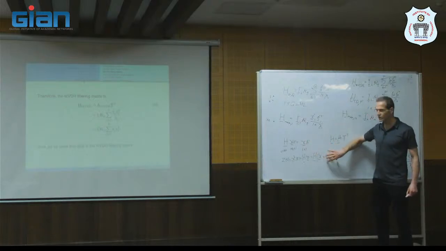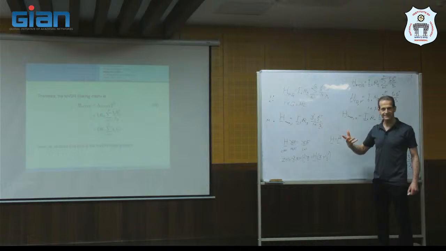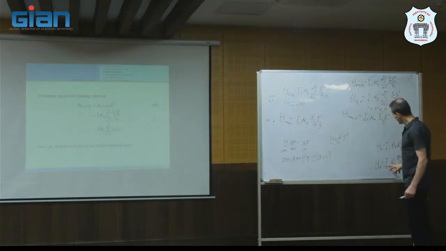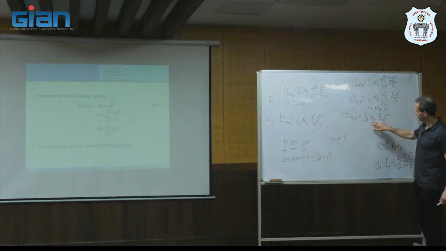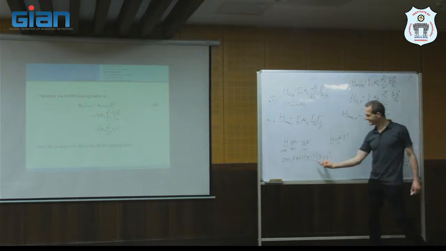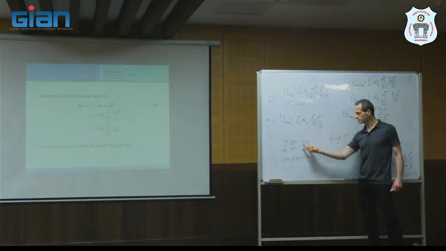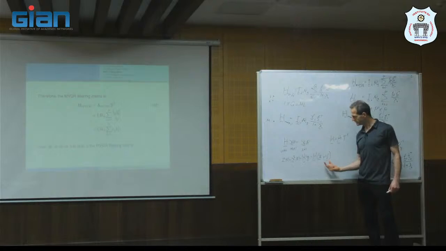So the residual noise is also important. Here, we care only about the distortion. So we want this to be as close as possible to X1, which means that we don't give any importance to the residual noise.